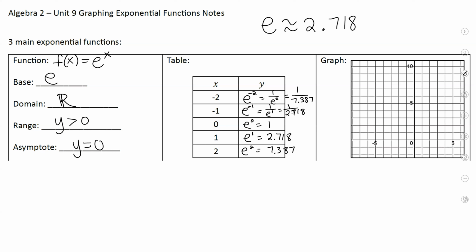All right, so let's graph that. -2 and 1 over e squared, it's a very small number. It's very close to 0. So just draw a point close to 0. Next one at -1, that's also close to 0. e to the 0, we got 0, 1, and then 2.7, that's between 2 and 3. So I'm going to go about right here.